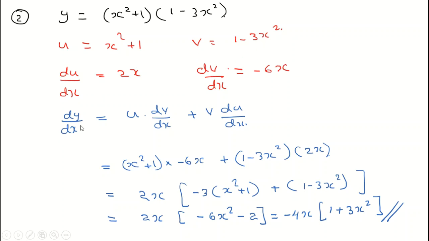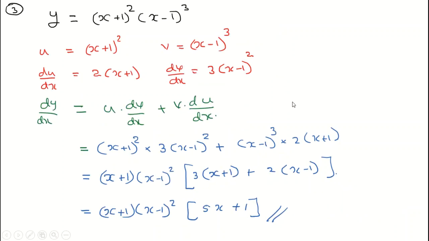Then dy over dx is u times dv over dx plus v times du over dx. So x squared plus 1 into minus 6x plus 1 minus 3x squared into 2x. So you can algebraically simplify it by taking this 2x common, take it out and then simplify it.